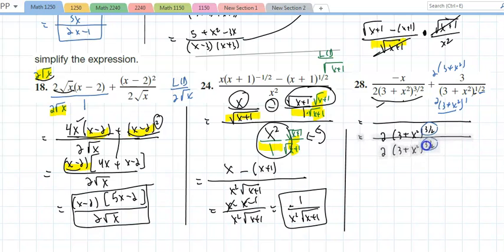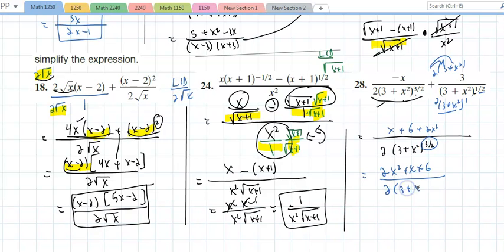You want to write it as a radical, you can. I don't know if that helps more. I'll show you that. This will be negative x plus 6 plus 2x squared. That would be 2x squared plus x plus 6 over 2 times 3 plus x squared to the 3 halves. And that doesn't factor. You're done.